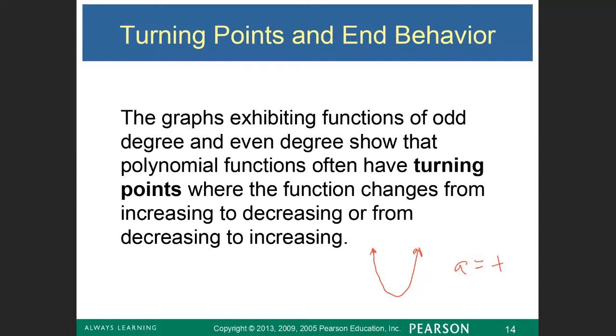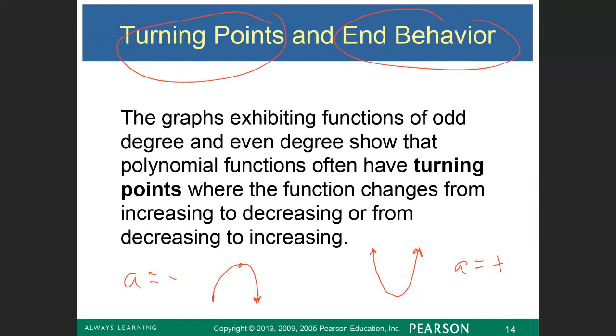If A is negative, then the parabola is facing downward. And you still have one turning point here, the vertex, and the end behavior of the curve would be pointing downward.